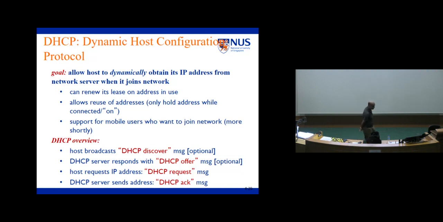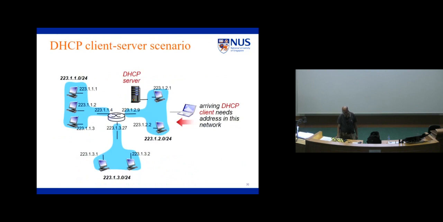This is quite useful because in a scenario like this, when you come in, you can directly talk to a DHCP server and you're automatically assigned an IP address. And when you leave, the IP address can be reused for somebody else. Right? And last time we looked at how DHCP works.